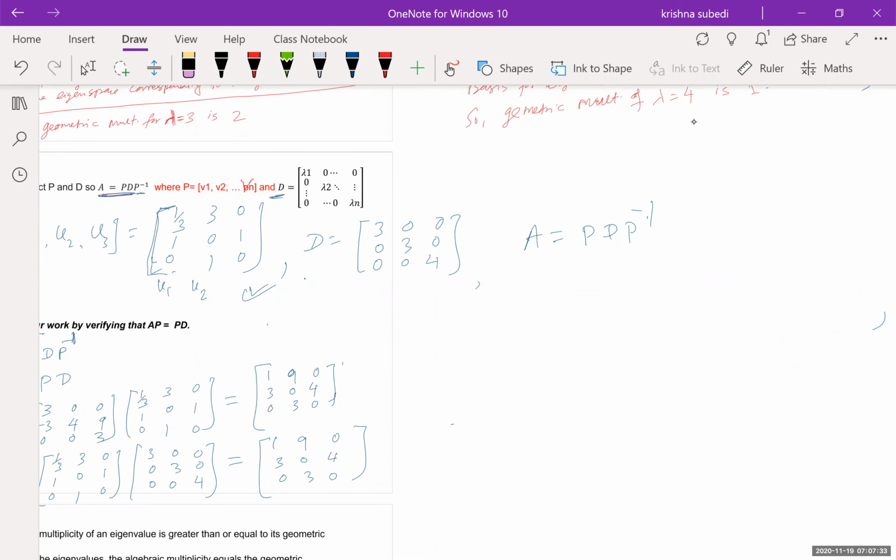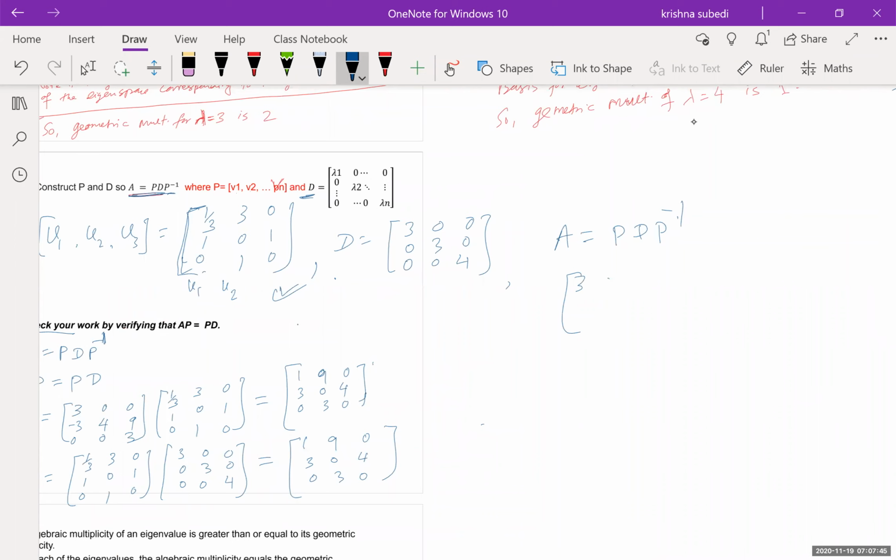your matrix A, which is, again, what is that matrix A? A is 3, 0, 0, negative 3, 4, 9, 0, 0, 3.